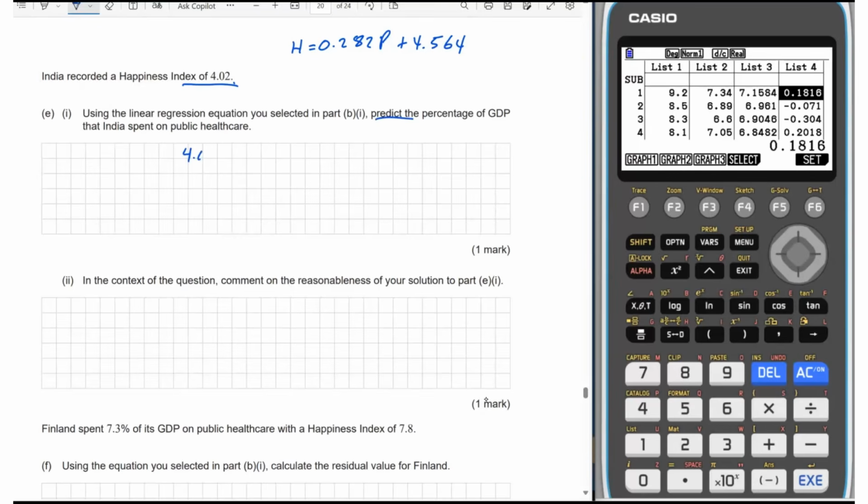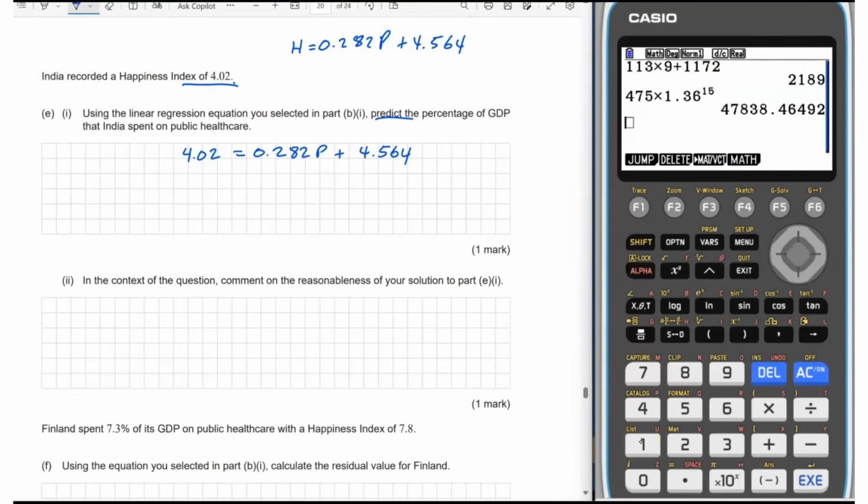So we're going to have 4.02 is equal to 0.282p plus the 4.564. Now we're going back in here. I'm going to use my solve n. So option, I'm going to go calc solve n.